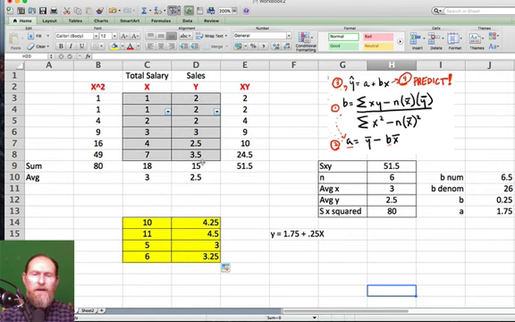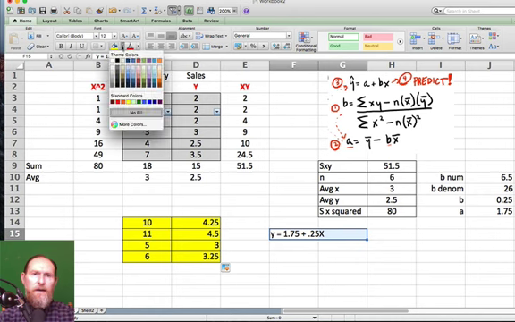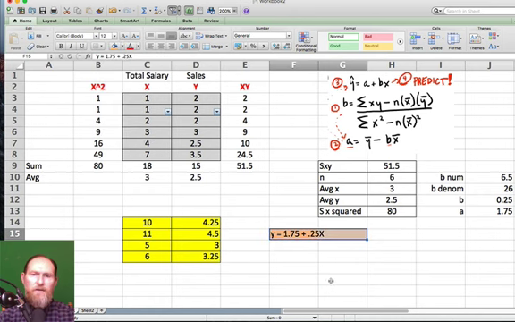It could be an increase or it could be a decrease, but either way, it's one of the two. The formulas are the same. The process is the same. We're going to determine B, then A, and use those to determine our regression line, and use our regression line to predict the values we want to predict.